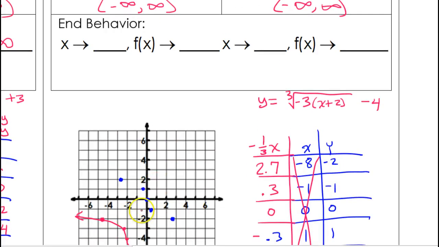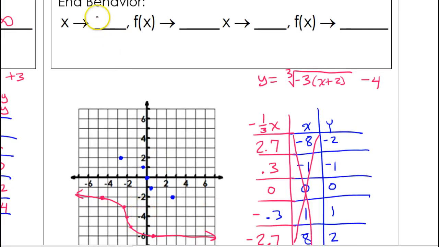This graph goes to the right forever, so that's positive infinity. As it goes to the right, it is falling, so negative infinity. This graph goes to the left forever, so that's negative infinity. And as it goes to the left, the y values are increasing, so that is positive infinity.